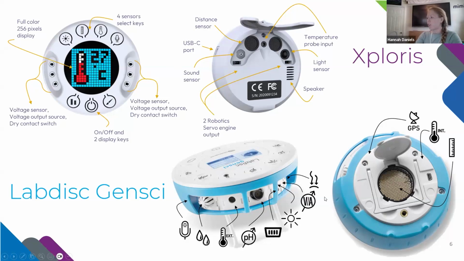And then the Labdiscs, depending on which of the 4 different versions you have, have up to 15 different sensors. The GenSci one here has pH, temperature, humidity, GPS, light, voltage, air pressure, so many different things. So whatever kind of science experiment you're doing or whatever kind of math thing you want to do, they have sensors for it.